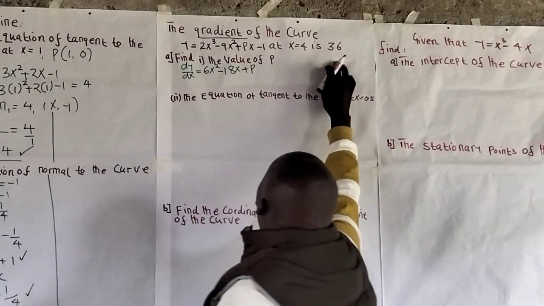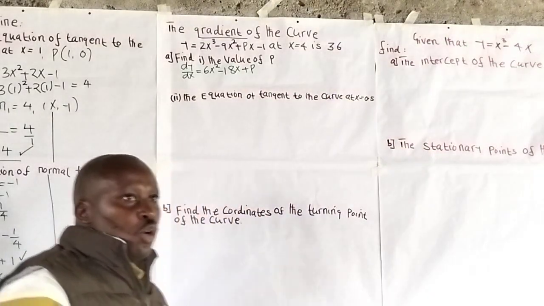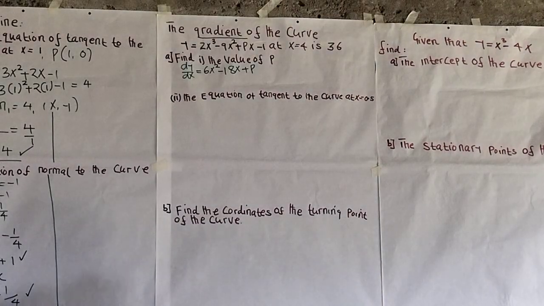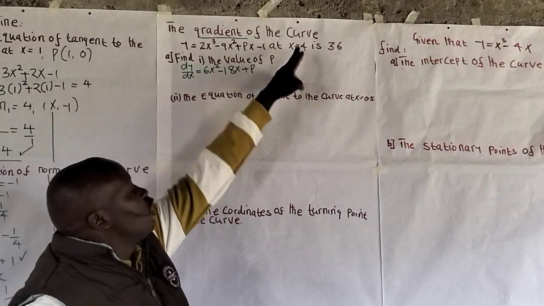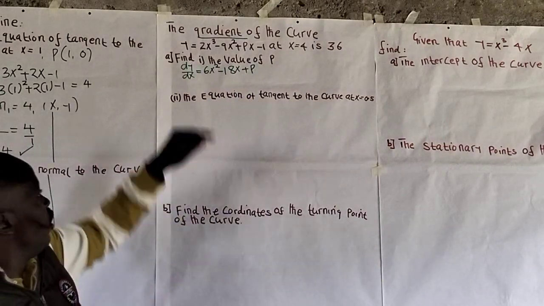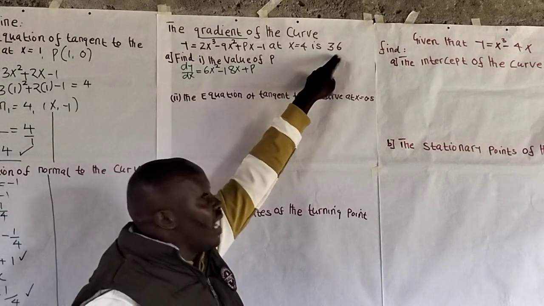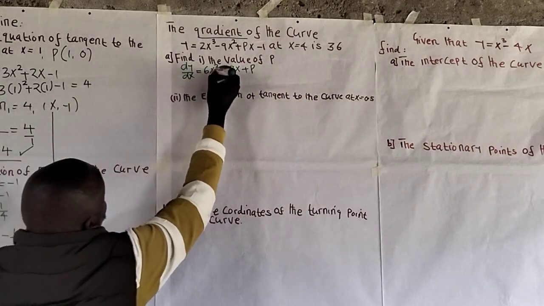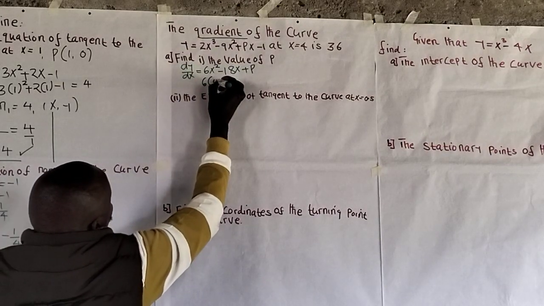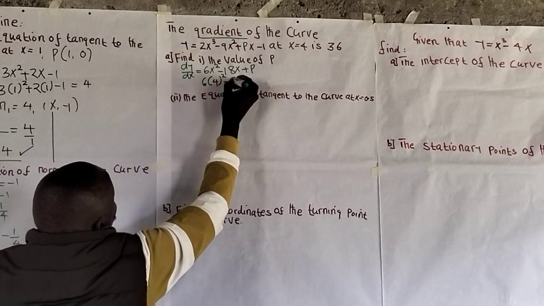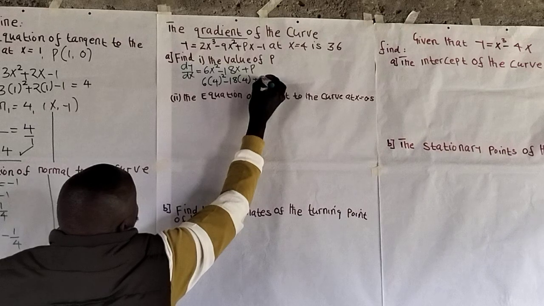But the gradient here is given as 36, and the value of x is equivalent to 4. So we can use these two things: the value of x, which is 4, and the gradient, dy/dx, which is 36. From here we substitute 36 for dy/dx and 4 for x: 6 times 4 squared, minus 18 times 4, then plus p.